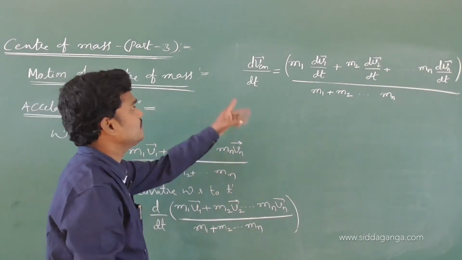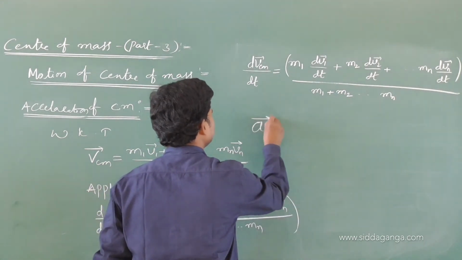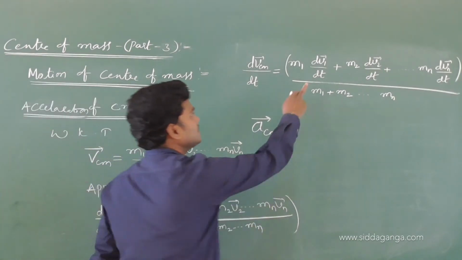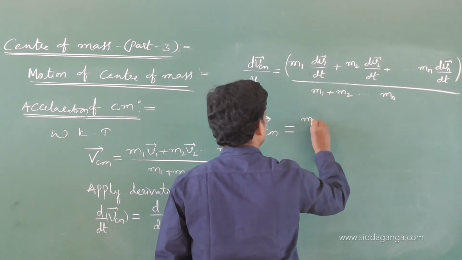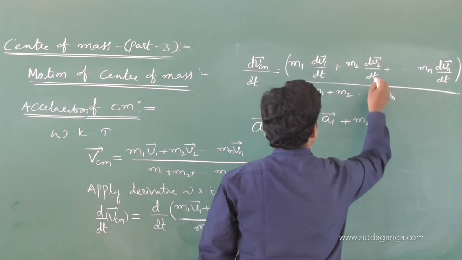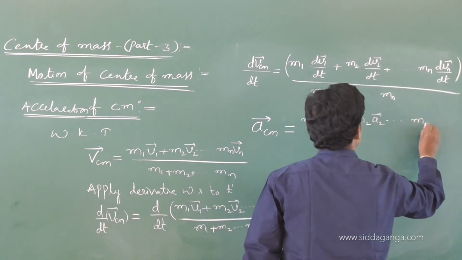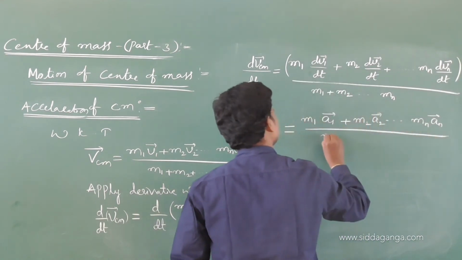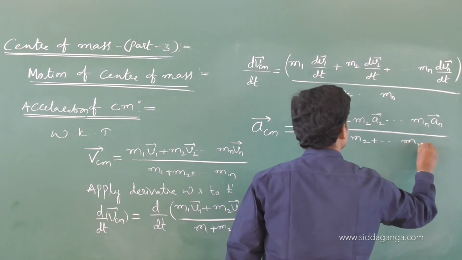So dvcm bar by dt is nothing but what? The acceleration of the center of mass. Let me write acm bar, and this is the acceleration of individual particles in a rigid body. So m1 a1 bar plus m2 a2 bar, and so on up to mn an bar, divided by m1 plus m2 plus, and so on up to mn.